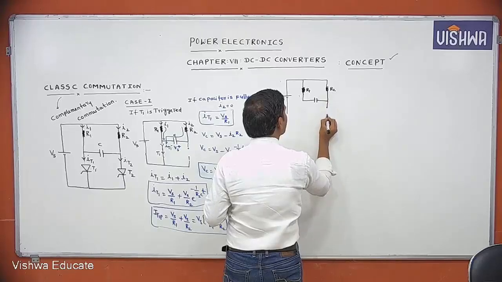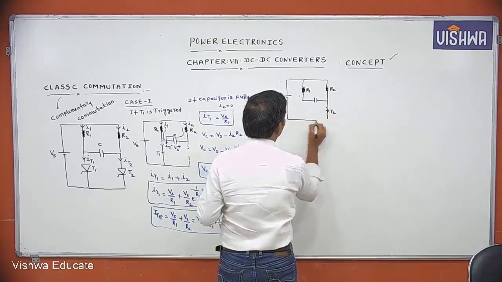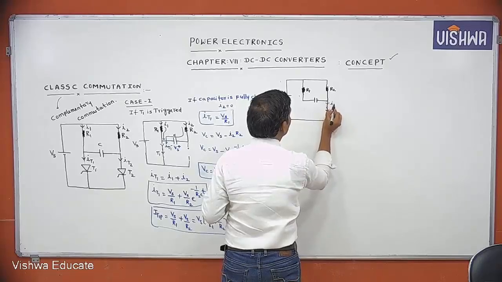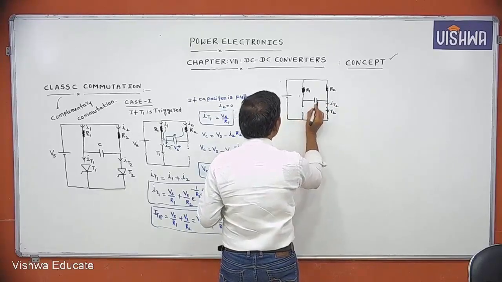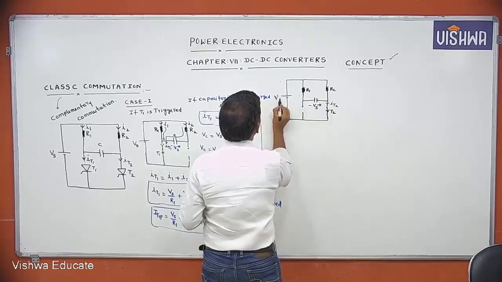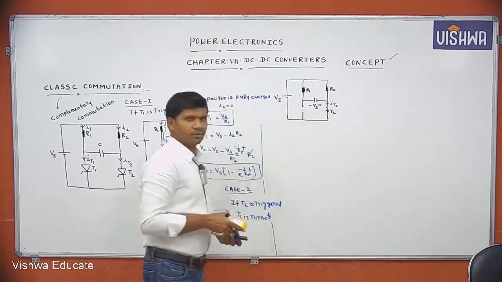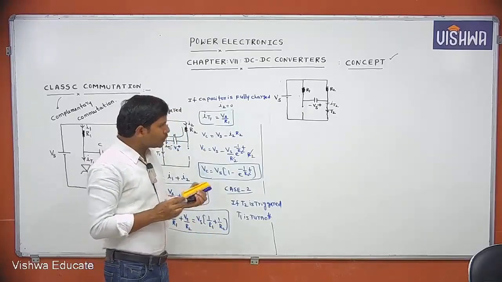Now T2 is conducting. Let this be IT2. Already the voltage across the capacitor is Vs. Under case 2, what current is passing through the T2 thyristor?